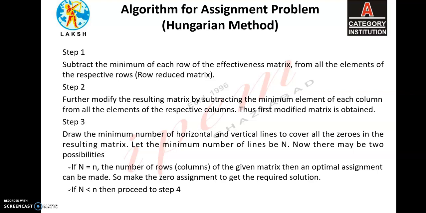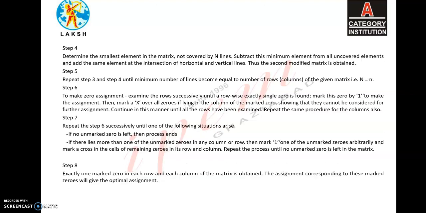Step number 3, draw the minimum number of horizontal and vertical lines so that the number of lines will be capital N. Step number 4, determine the smallest element in the matrix, subtract it from all uncovered elements, add it at the intersections, and the covered elements remain the same. Step number 5, repeat steps 3 and 4 until the minimum number of lines becomes equal to the number of rows of the given matrix, that is capital N is equal to small n.